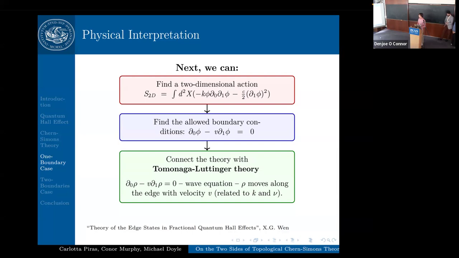Now, this boundary condition represents a wave equation where this density rho moves along an edge with velocity v. So this is interpreting this proportionality constant v as a velocity. And this is importantly related to both k, our central charge, and nu, our filling fraction.